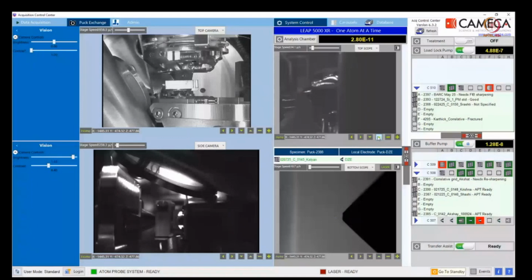You can see that I'm moving the puck such that finally I'll bring these bright lines right in front of the local electrode.